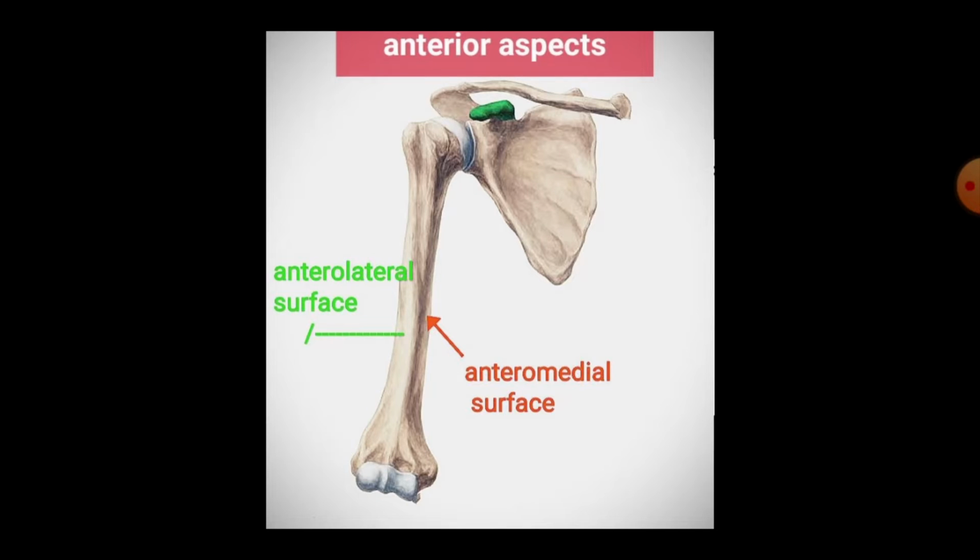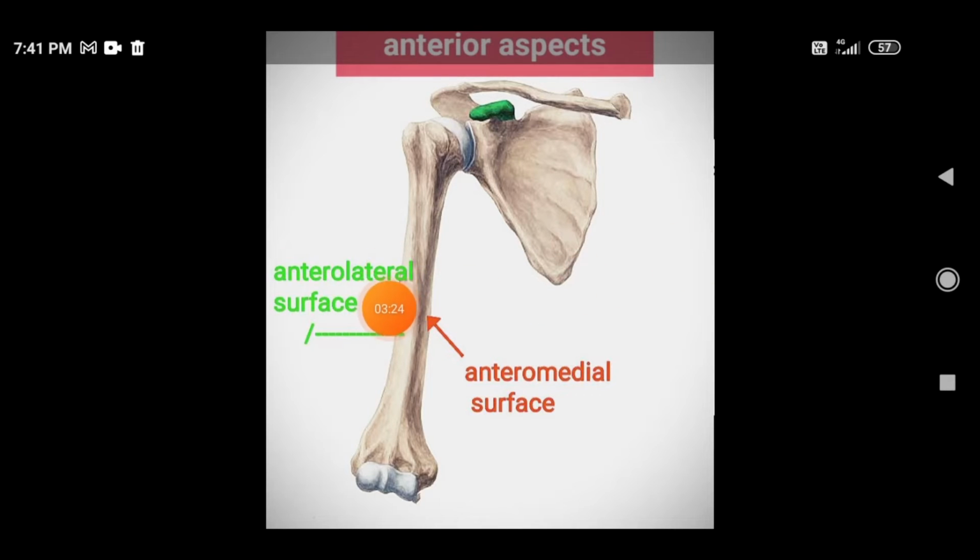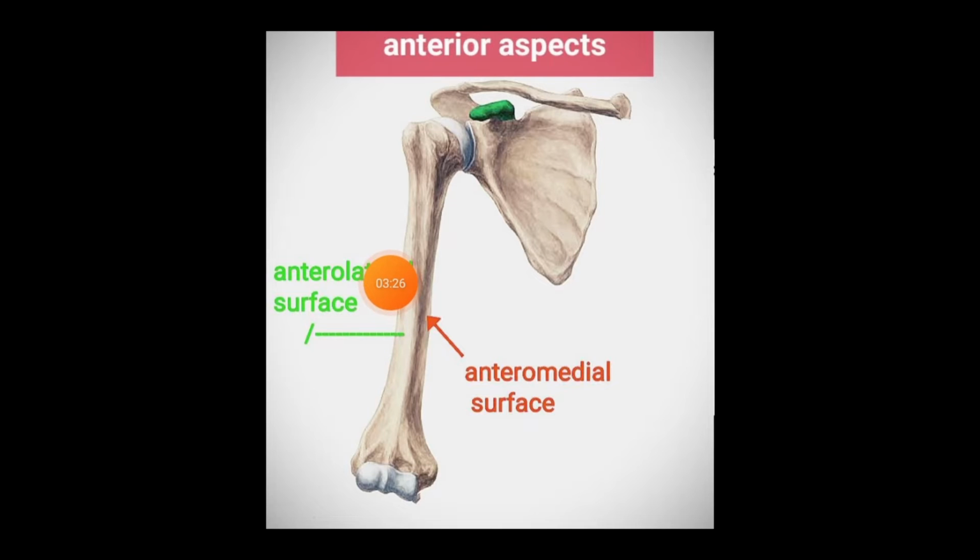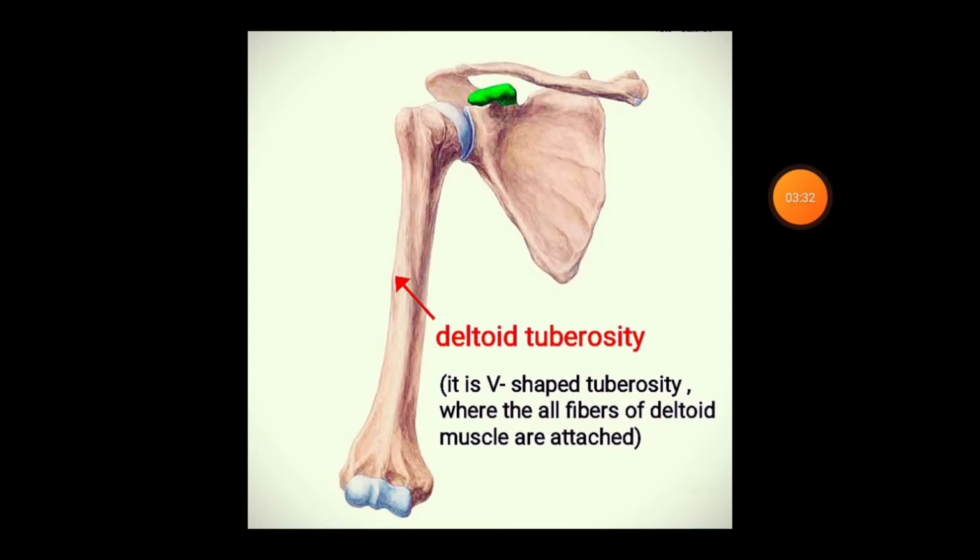The upper half of this surface is covered by the deltoid. A little above the middle, it is marked by a V-shaped deltoid tuberosity.